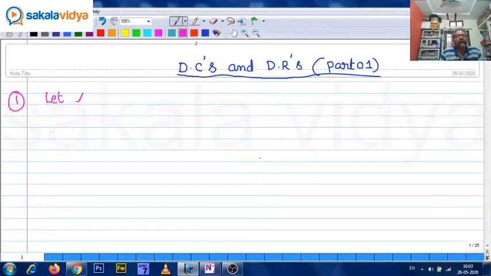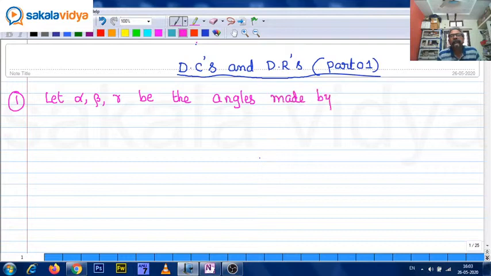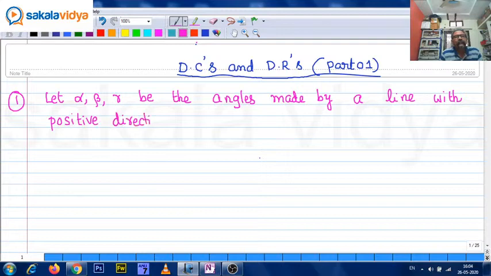Let alpha, beta, gamma be the angles made by a line with the positive directions of coordinate axes. Coordinate axes means x-axis, y-axis and z-axis.